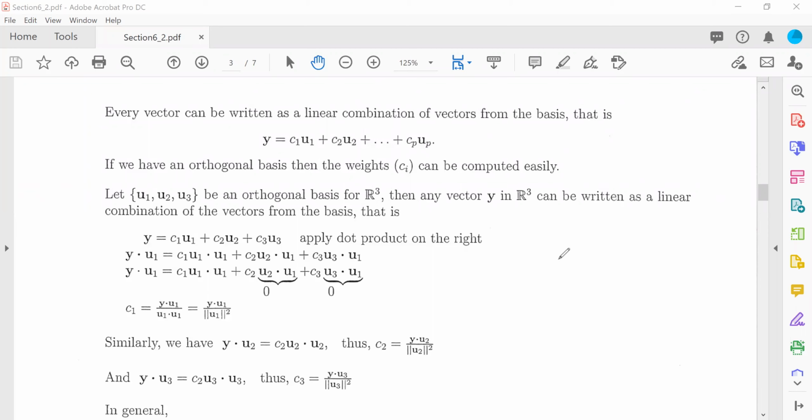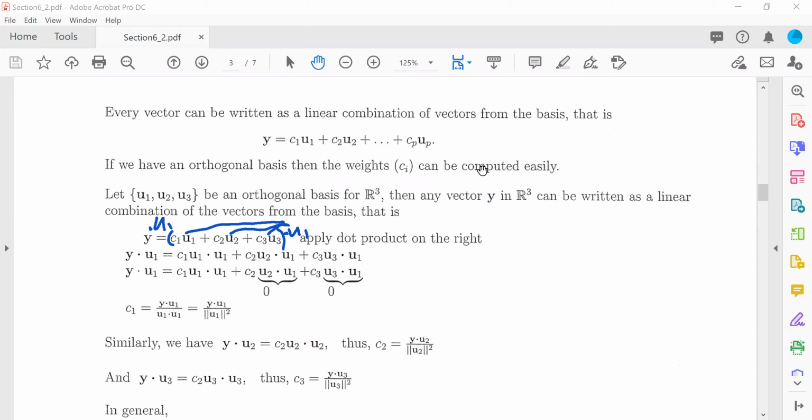Here, if you would like to see it, I would multiply here times dot product, and then I would multiply all of that times dot product of u1. And by properties of dot product, we can pretty much distribute this dot product. And then we have the next line right here: c1 u1 dot product u1, c2 u2 dot product u1, and so on.